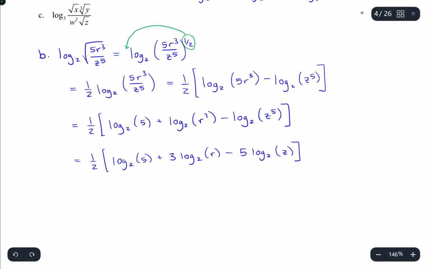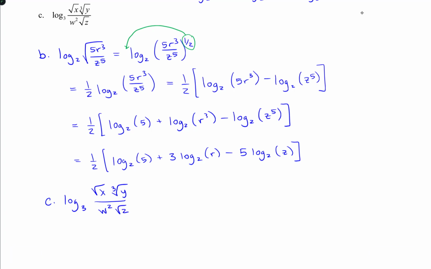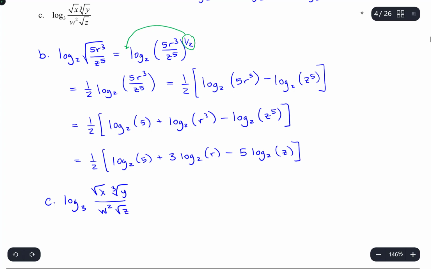Last up, in part C, I have log base 3, the square root of x times the cube root of y over w squared square root of z. And that looks a little bit like a 2, so let's do that.